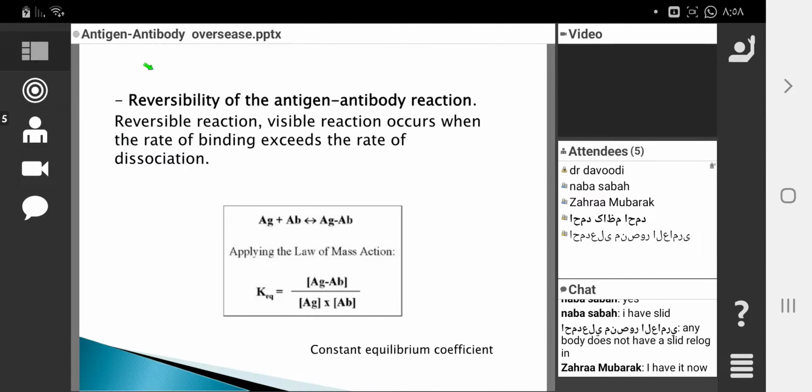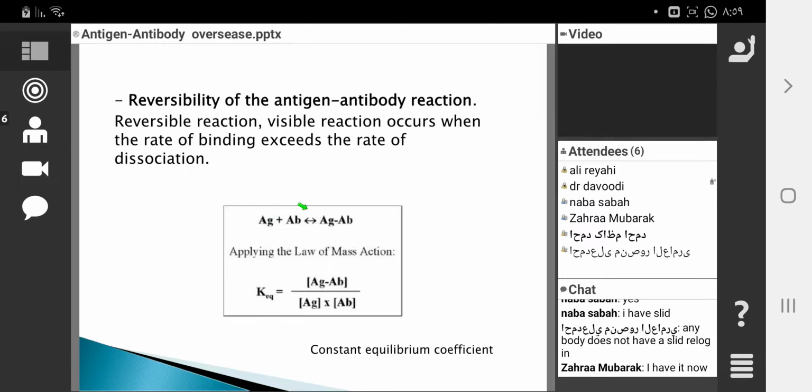The reaction between antigen and antibody is a reversible reaction, and the visible reaction occurs when the rate of binding of antigen to the antibody exceeds the rate of dissociation.